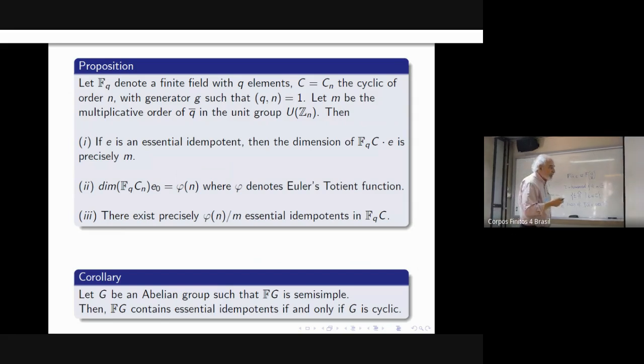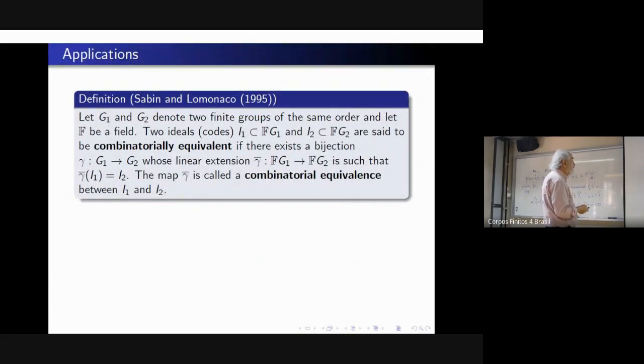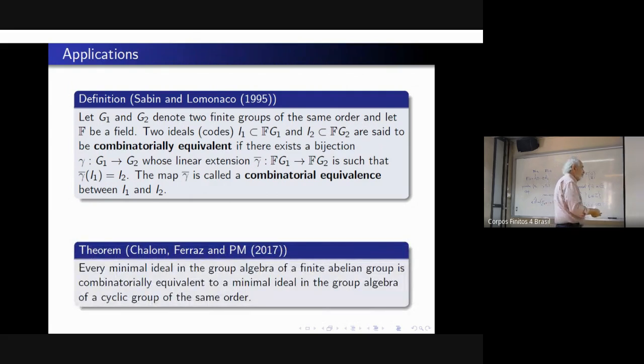And the reason was perhaps because people were really working with minimal codes. And we were able to prove that if you take a minimal ideal in finite group algebras of abelian groups, they are combinatorially equivalent to minimal ideals in cyclic group algebras. That's the reason why we didn't find better codes.